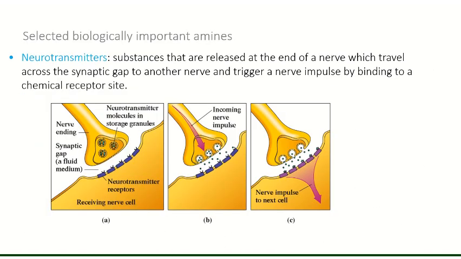We talk about neurotransmitters, we know that these are the species released at the end of the nerves, and that travel through the synaptic gap. So we get this species binding to a chemical receptor, and that will trigger your nerve impulse.